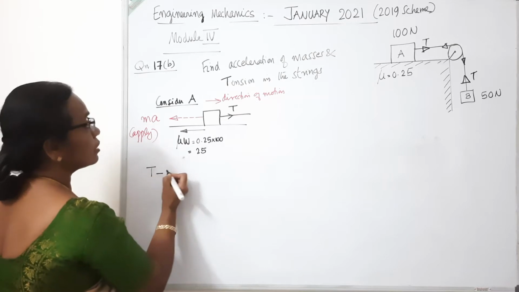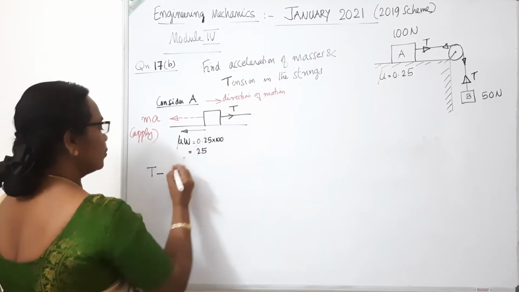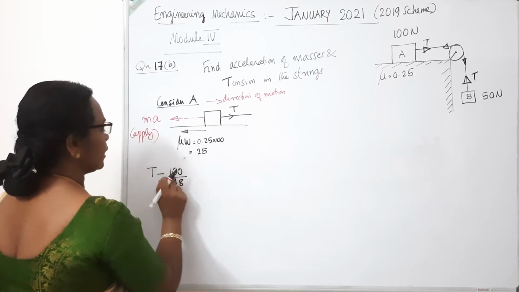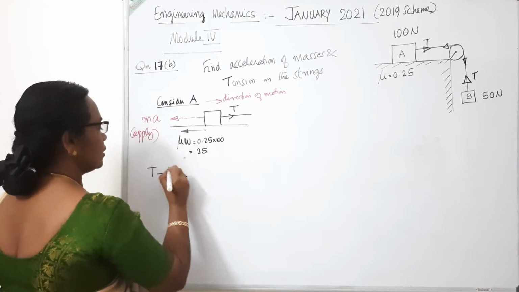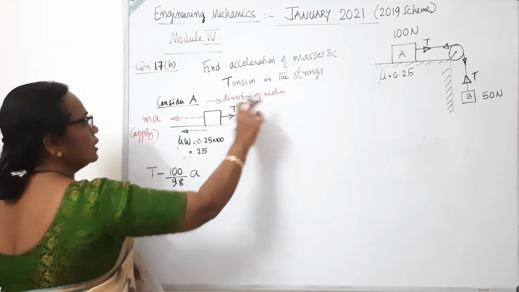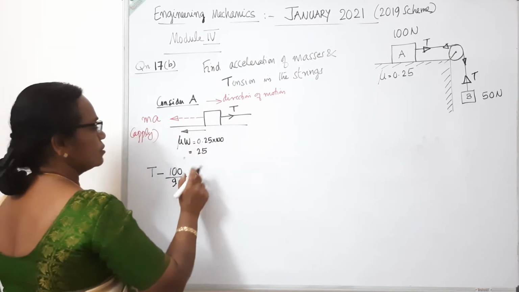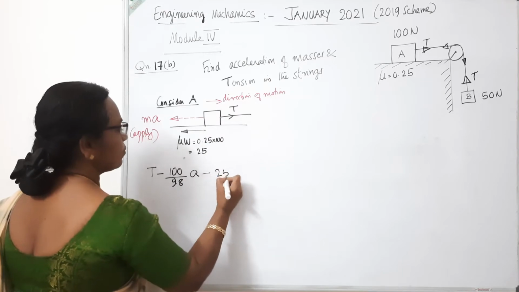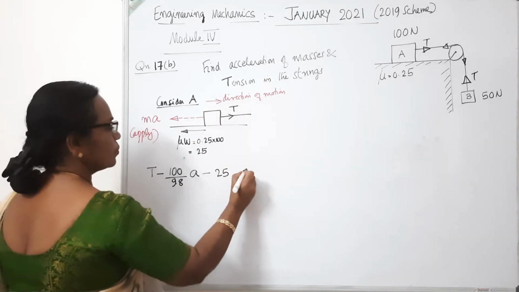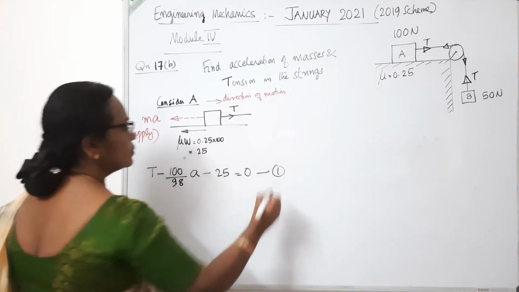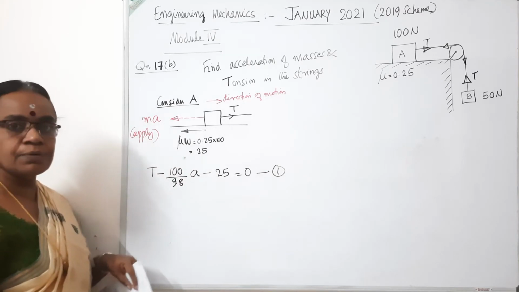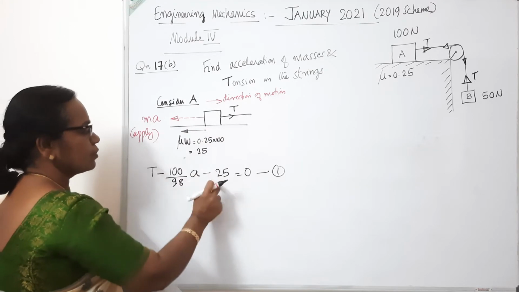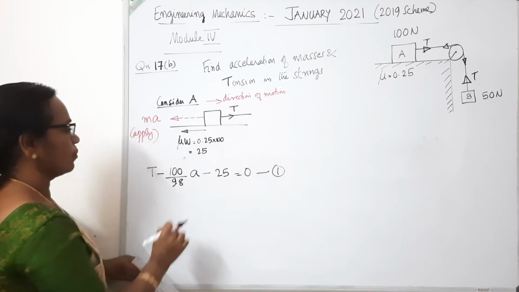What is mass? Mass is equal to W by g, which is 100 by 9.8, into acceleration, and then one more force in this direction, minus 25, is equal to 0. So for the equilibrium of the first body: T minus (100/9.8) A minus 25 equals 0. That is the first equation.